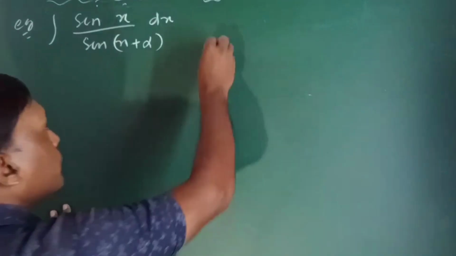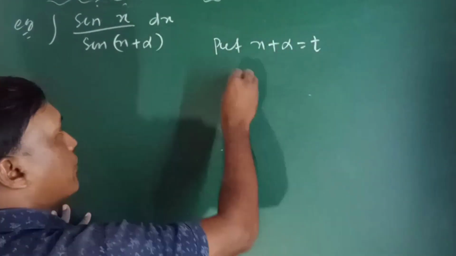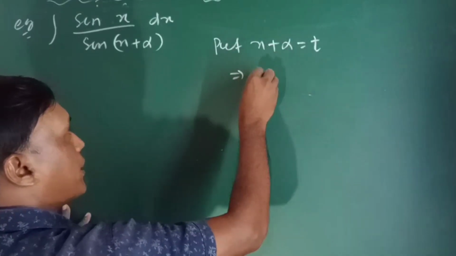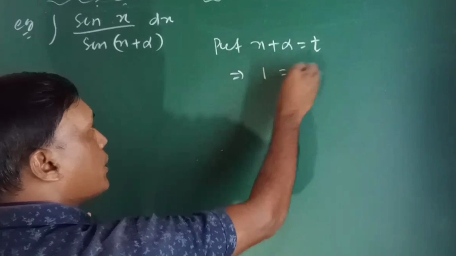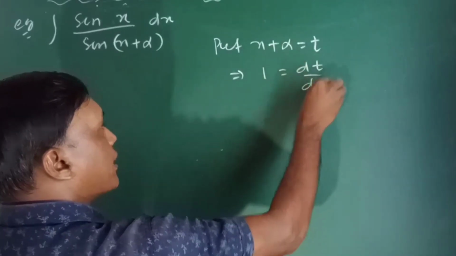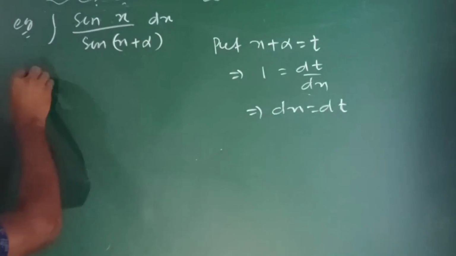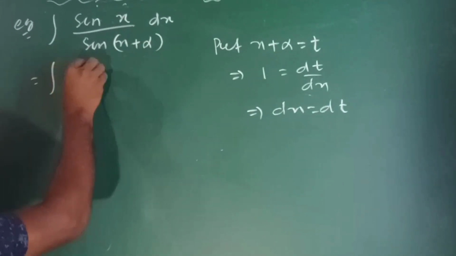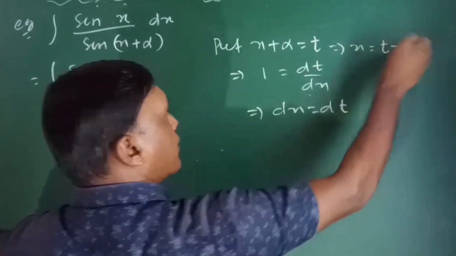So put x plus alpha is equal to t, which implies, differentiating, derivative of x is 1, alpha is constant so it is 0, is dt by dx, which implies dx is equal to dt. Now look at here, this is sin x. Here x is equal to t minus alpha.